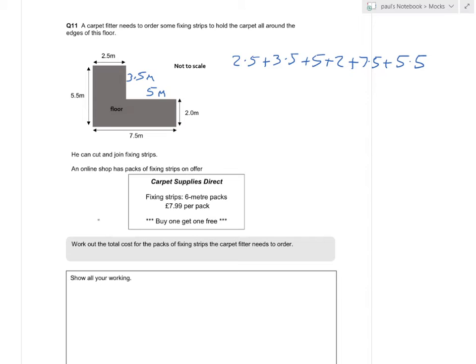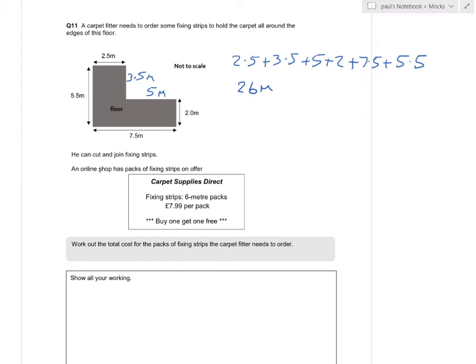Right, what does all that come out as? It equals 26. So it's 26 meters all the way around.